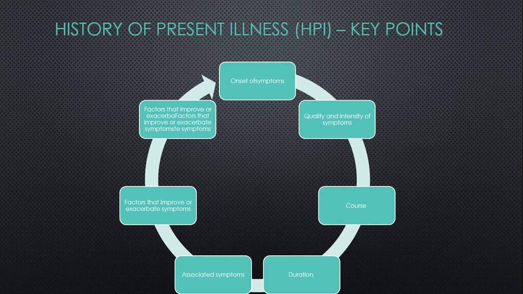So we have to focus on these key points to describe history of present illness. You get it, right? It's really easy. So we have to focus on these key points to have a good record of our patient's history of present illness.